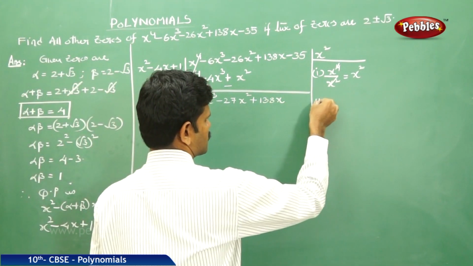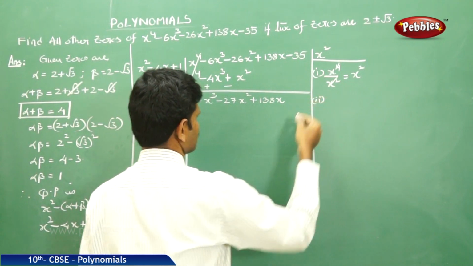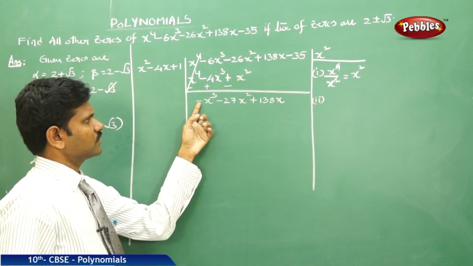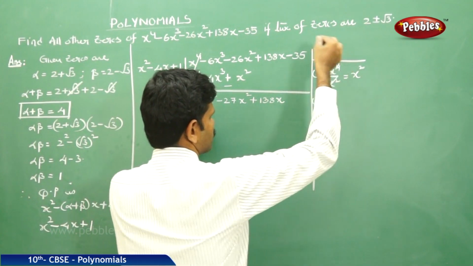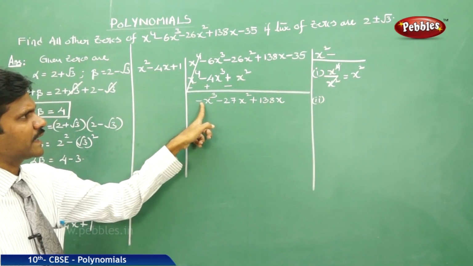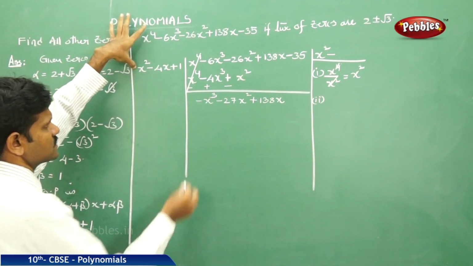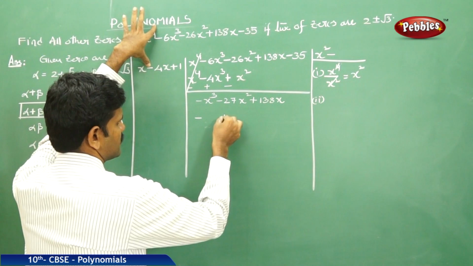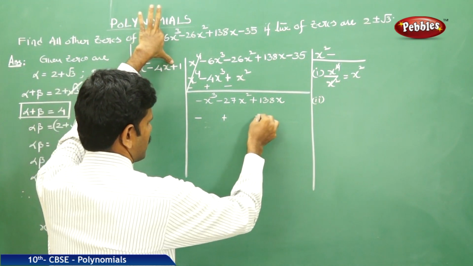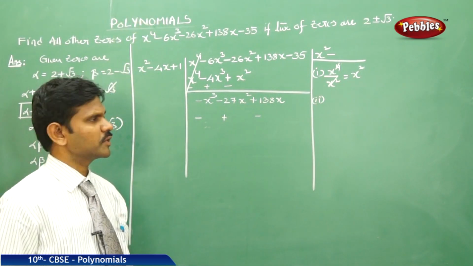Before going to do the second cancellation, the first part contains a negative sign. That sign must be shifted to the answer part. Next change the signs: here plus is there, write the minus; minus is there, write the plus; plus is there, write the minus, which will make it simpler.